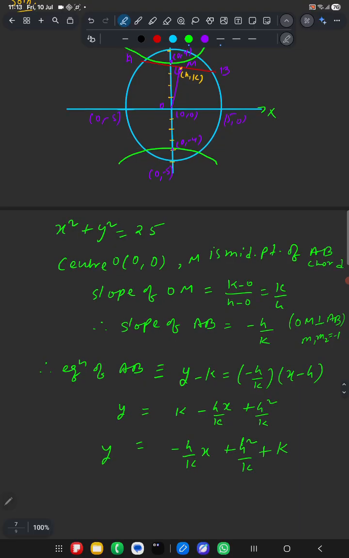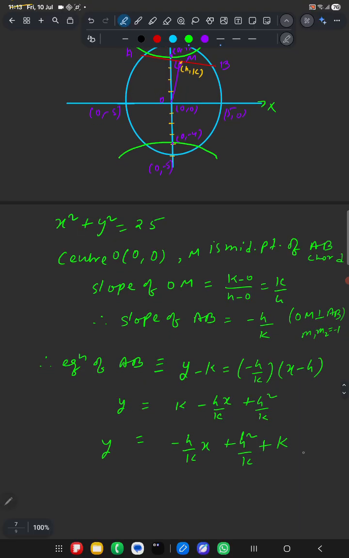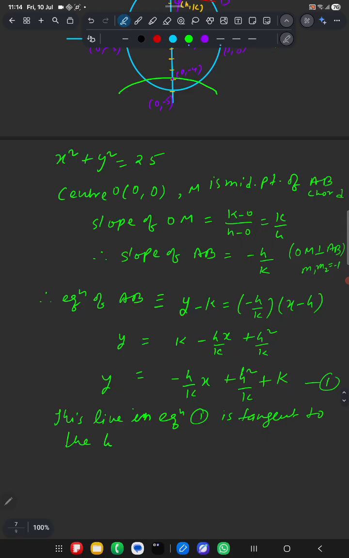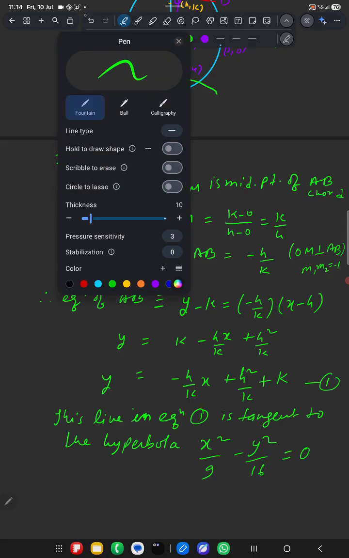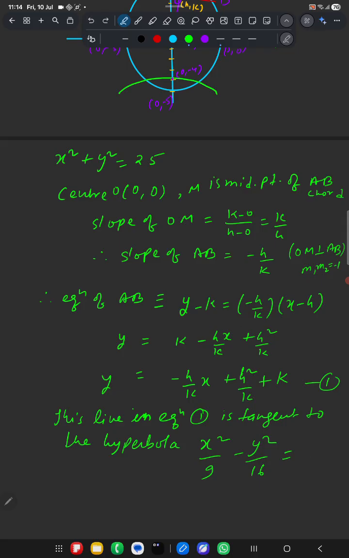Now this line, in equation 1, is tangent to the hyperbola whose equation is x squared upon 9 minus y squared upon 16 equal to 1.